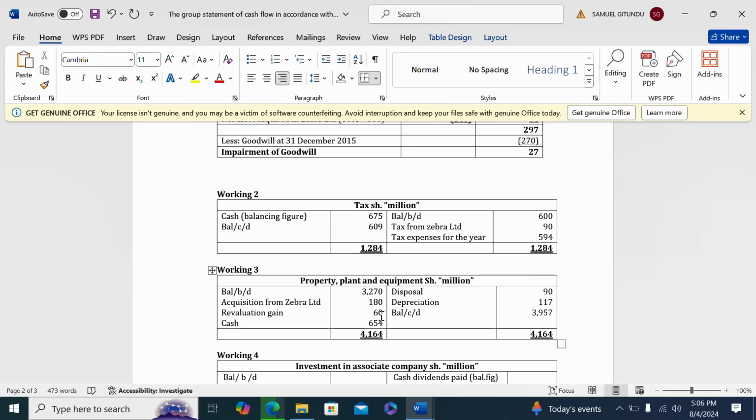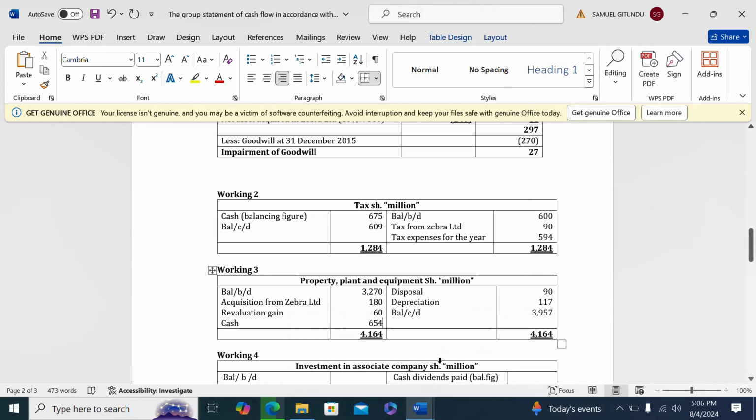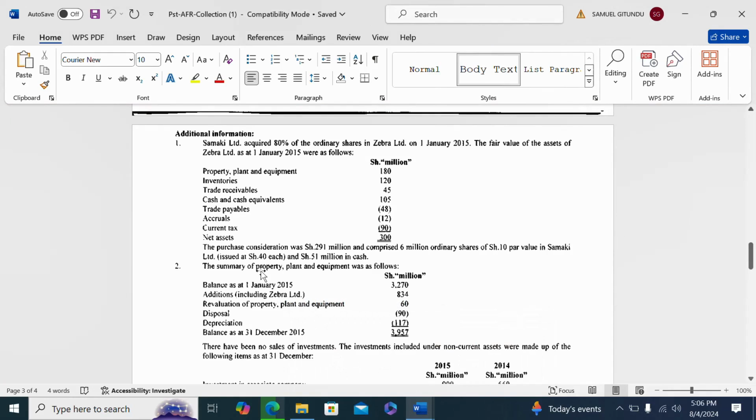I needed to do this working in case you meet other questions in future, but you could have also said that from additional information number 2, from the analysis of property, plant, and equipment, the total additions for the year were 834.